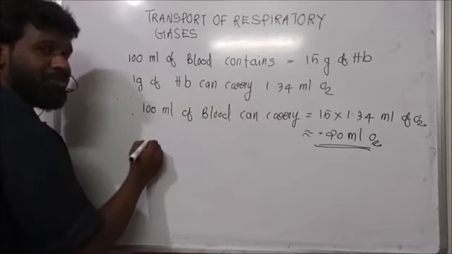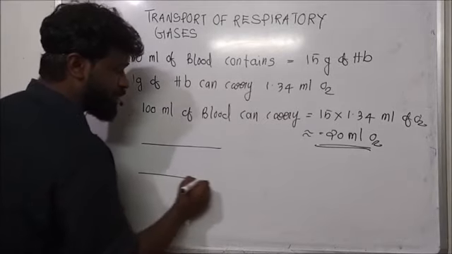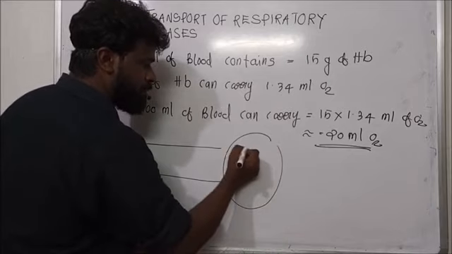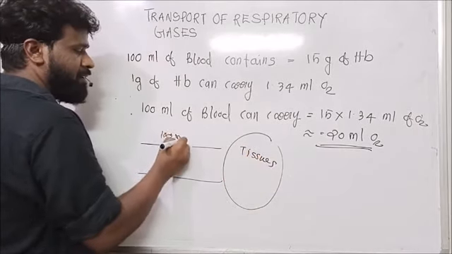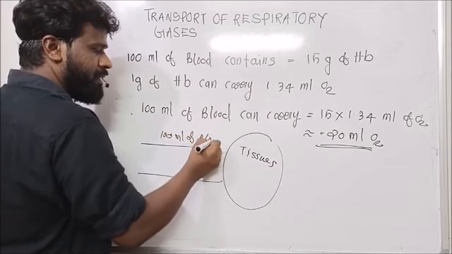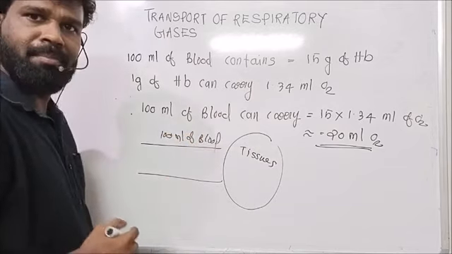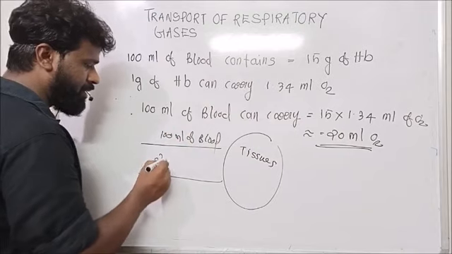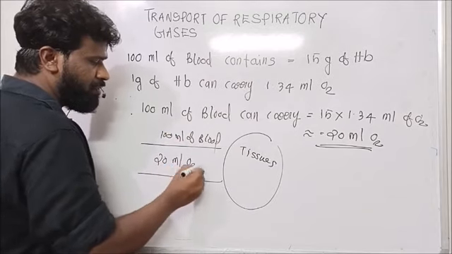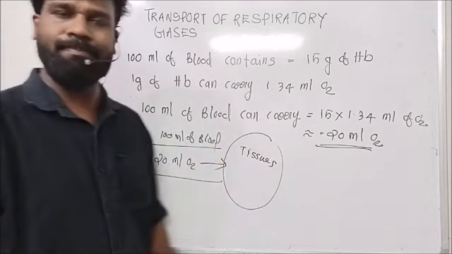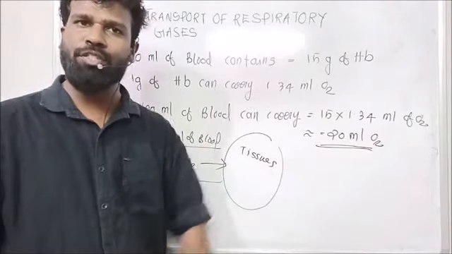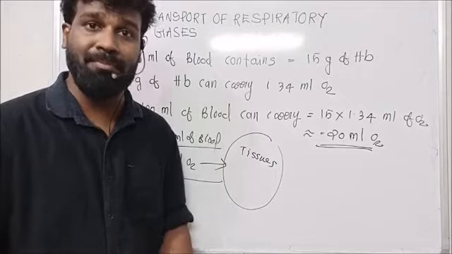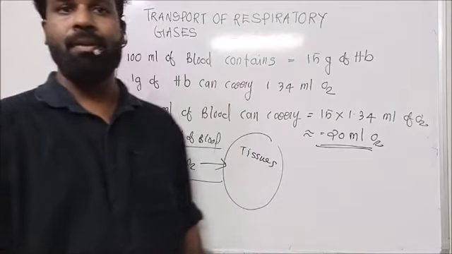Approximately 20 ml of oxygen to the tissues. Suppose this is the tissue and this is 100 ml of blood, and this 100 ml of blood can carry 20 ml of oxygen to the tissues for the metabolism or for the energy production.